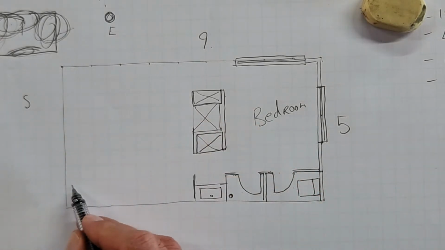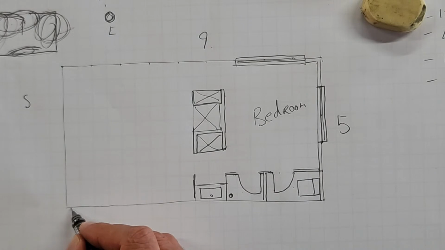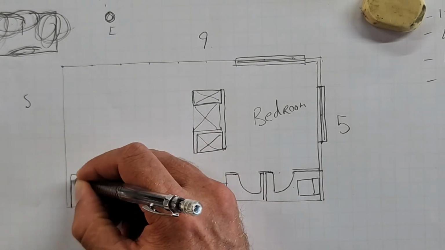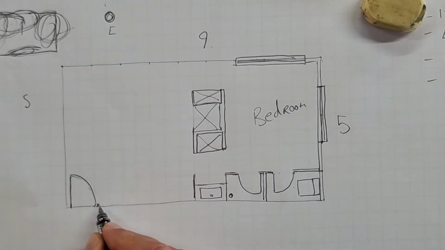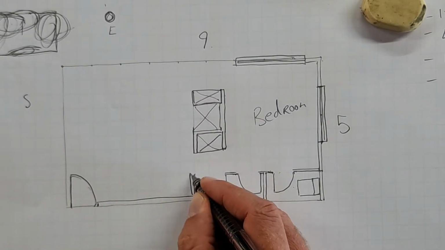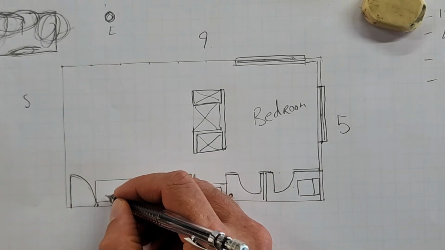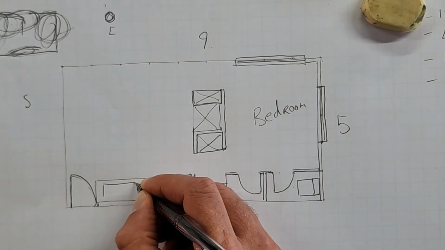Okay, then your living area, we've got a kitchen here. Let's say we have a back door. Always a back door is a good idea, so we'll have that here in the corner just to exit. And then down here we can do another row of built-in cupboards. We can even add a sink here in the corner.